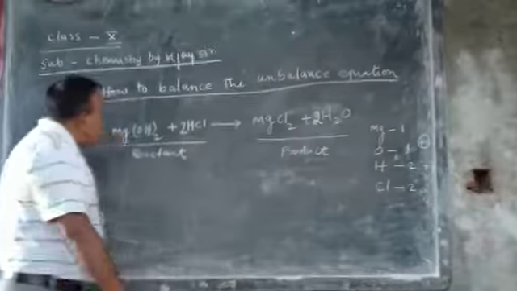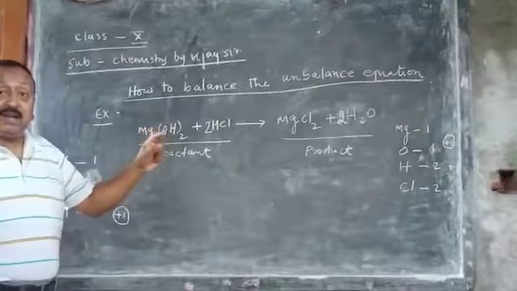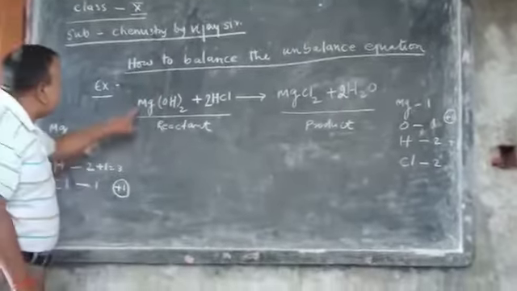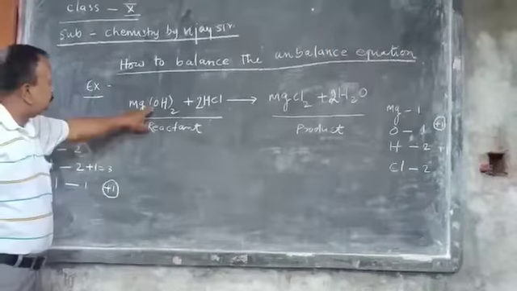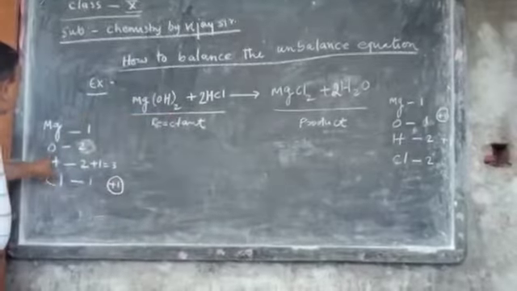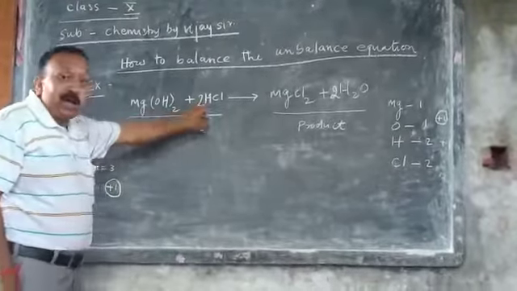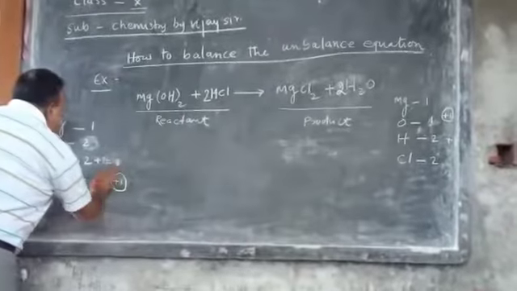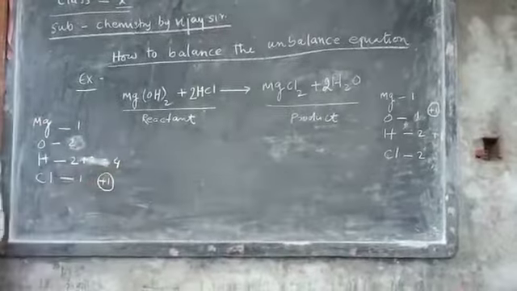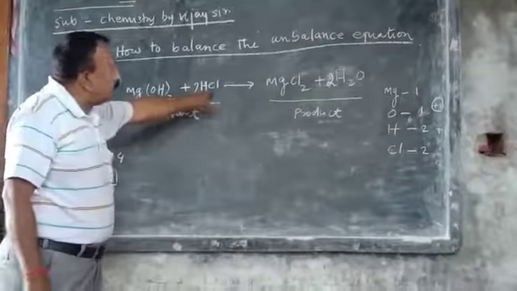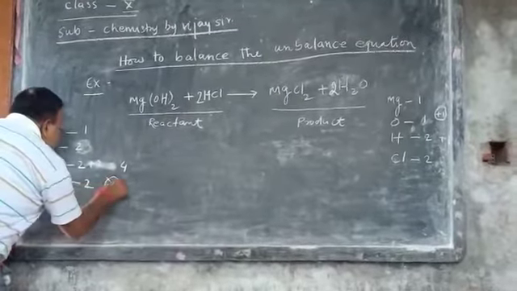But we check again separately about the atoms. In the reactant, magnesium is equal to 1, oxygen is equal to 2, hydrogen is 2 plus 2, which is equal to 4, and chlorine is 2.